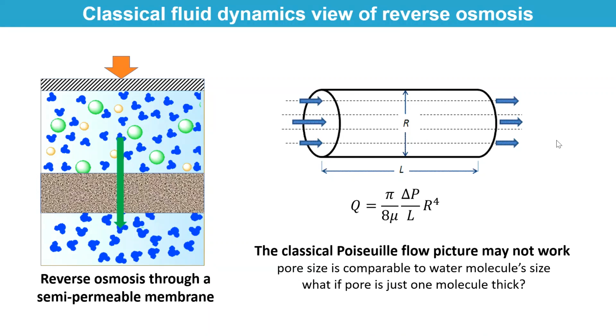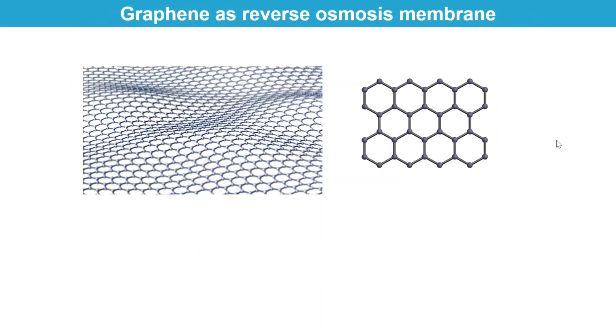Nevertheless, we can still try and say, if we take this idea from fluid dynamics, what can we do to improve the energy efficiency of reverse osmosis? One of the ideas is to use graphene as a reverse osmosis membrane. Graphene, as we know, is a single atomic layer of carbon sheet.